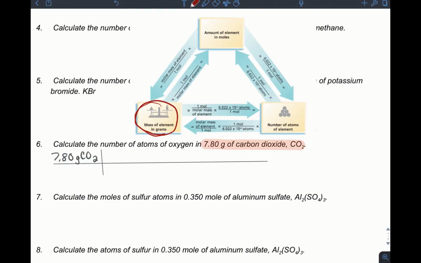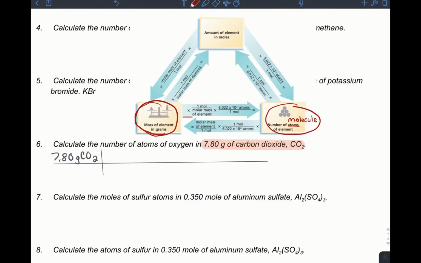Now, in order to work this out, we need to first change that value to our number of mole, and then from the number of mole, we want to change it to our number of molecules of carbon dioxide. To do that, we're going to use the idea that we can look at our number of molecules.